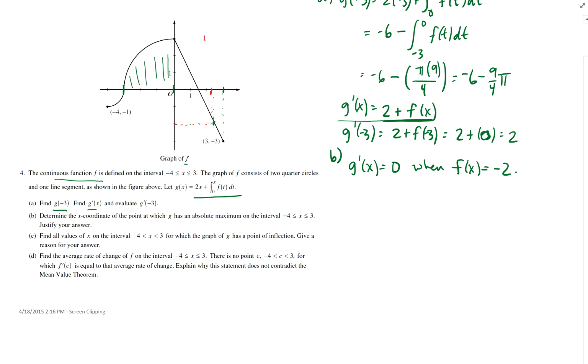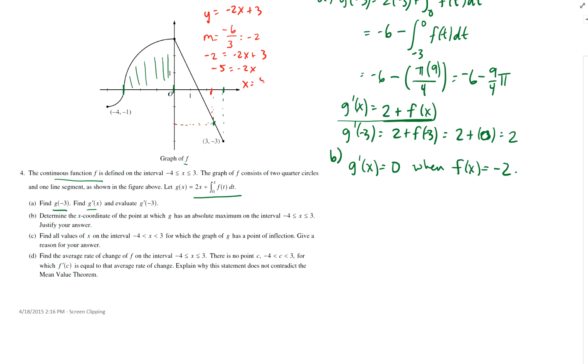So the slope of this line, if I go down 6 and over 3, is negative 2, so the equation of this line is y equals negative 2x plus 3, since the y-intercept is 3. So if y is negative 2, negative 2 equals negative 2x plus 3, and I subtract the 3, I get negative 5 equals negative 2x.